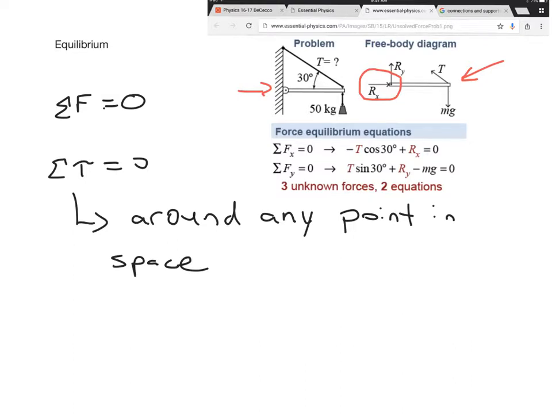For this problem, the pin is going to be the location you're going to want to use. However, we can make that point any point in space. We can look at the point there, there, and there, and all these torques will sum up to be zero. The sum of all the torques would always add up to 0 if the object is in equilibrium, no matter what point you pick. It can be some random point over here.